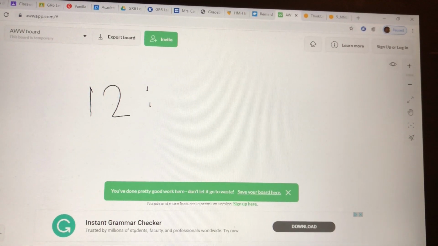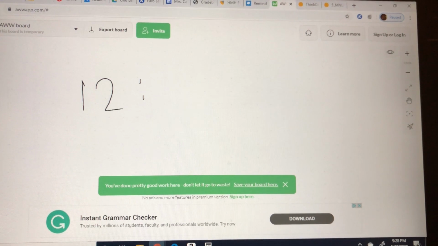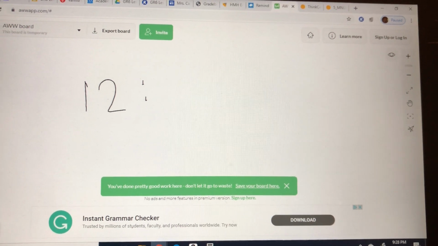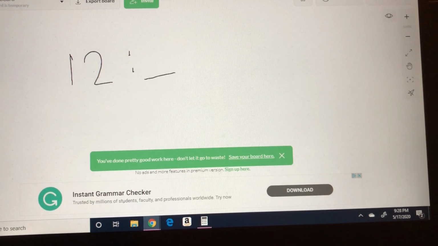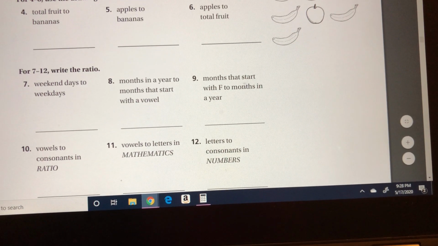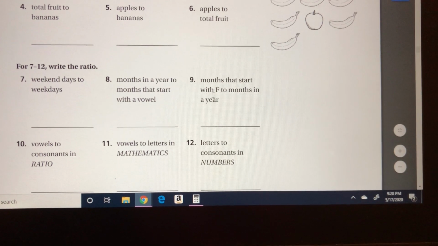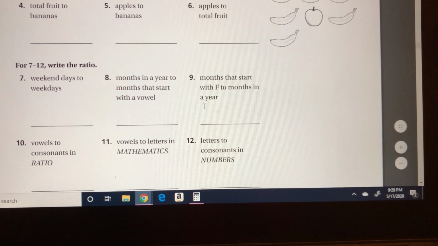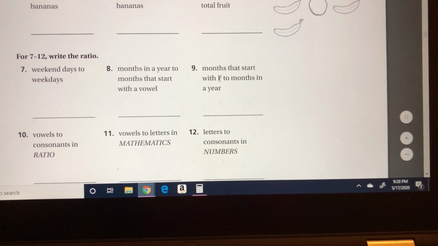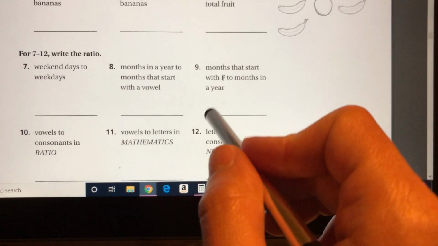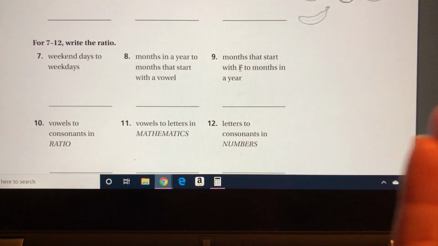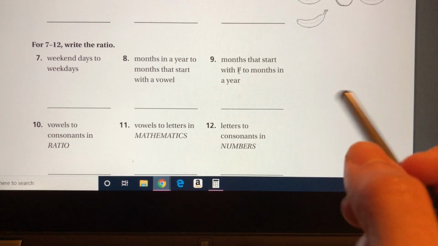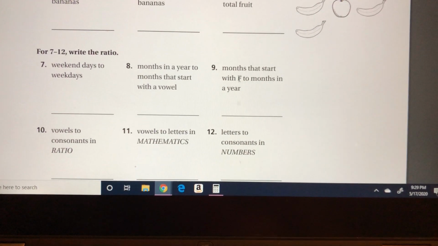So you would go through them: January, no; February, no; March, no; April, yes, and you keep going, and then you would write that number in here. Months that start with F to months in a year. So all the months that start with the letter F would be your first number, and then either the word "to" or the colon, or if you're going to do a fraction, however you choose to write them, it's perfectly fine, to the total months in a year.